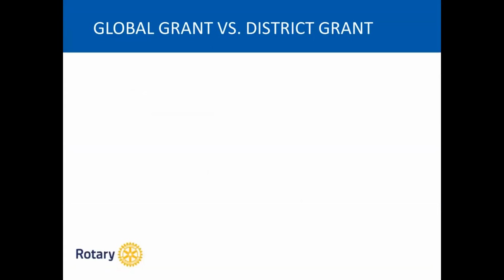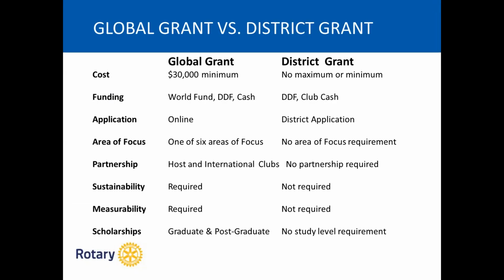So what is the difference between a district grant and a global grant? Because of the huge volume of small grants being submitted to the Rotary Foundation, there's nothing quite like success.